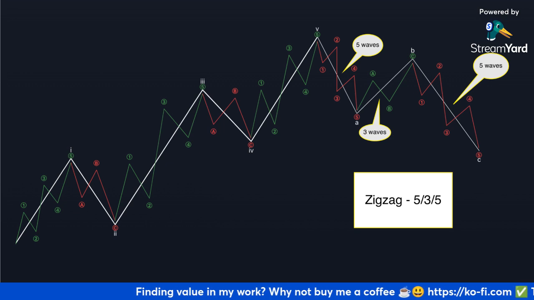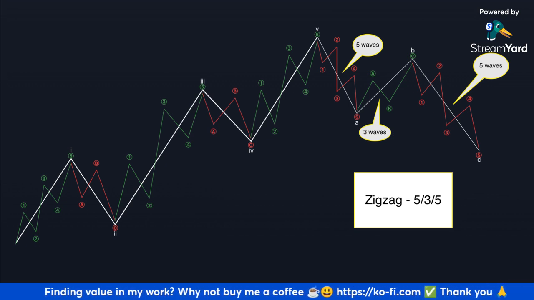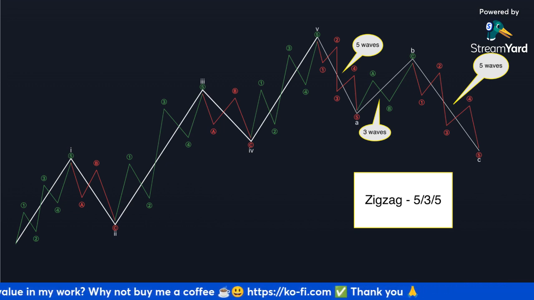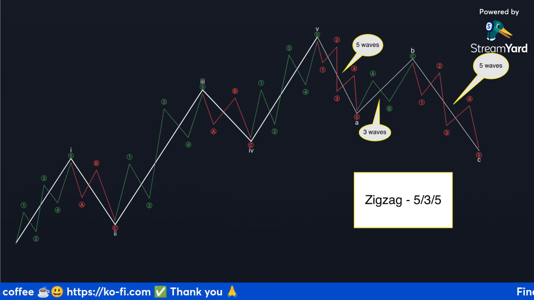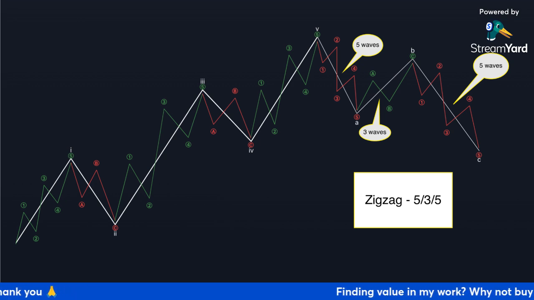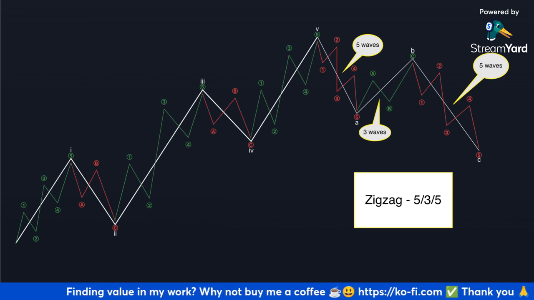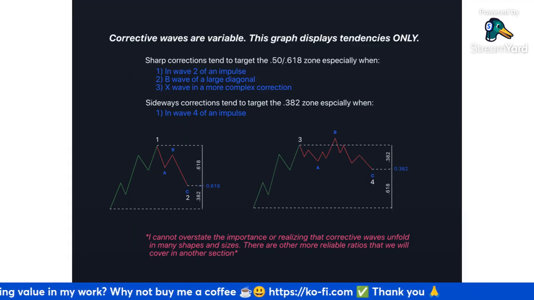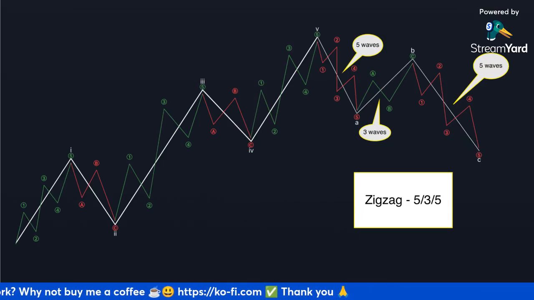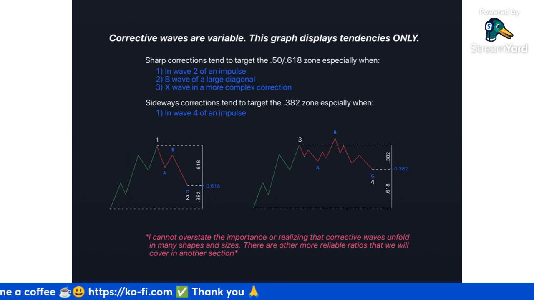So yes, a B wave can exceed the top of the prior swing high, but your clue is going to be, is it 3 waves up? If it is still only 3 waves up, it can exceed the top of this previous swing high, and you can still reasonably expect to see a continuation downward. I know that's very difficult to discern, especially when it does a move like this, where the B wave gets higher than the previous swing high.